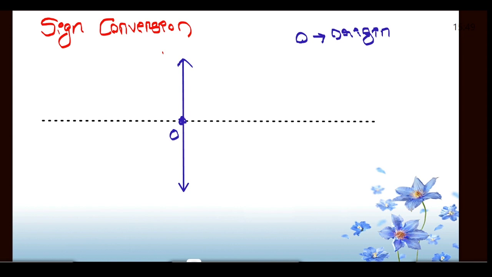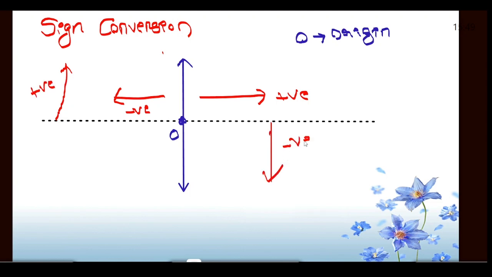If the distances are measured along this direction, along the positive x-axis, they are positive. If we are measuring the other way, along the negative x-axis, it is negative. And if you are measuring perpendicular and upward distance, then it is positive. But if it is downwards, then it is negative, right?